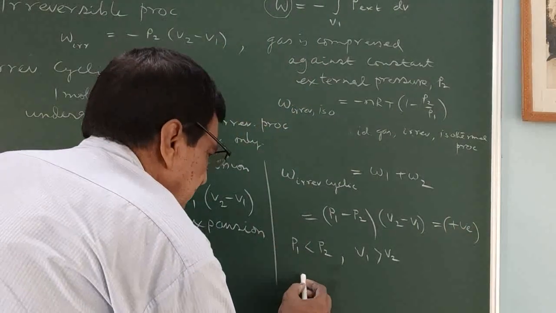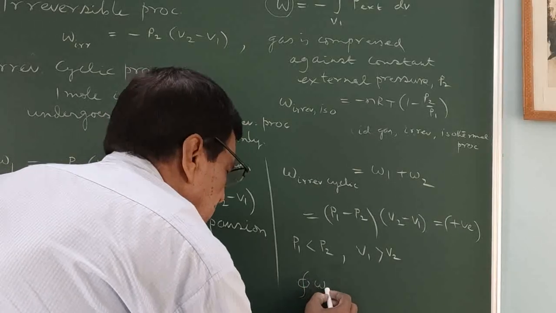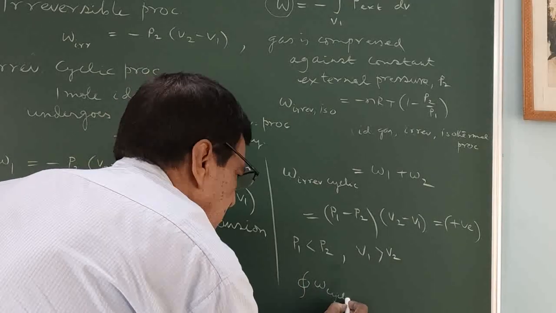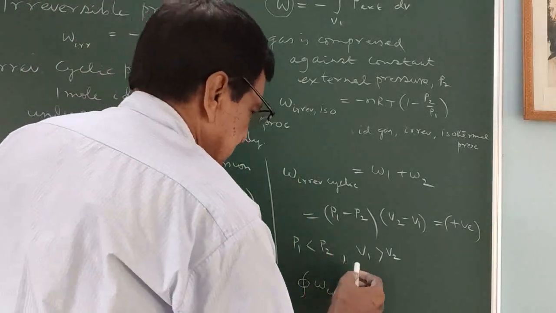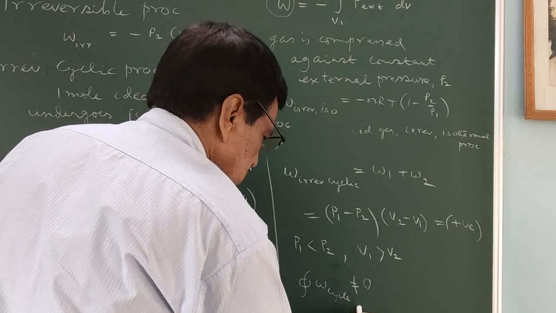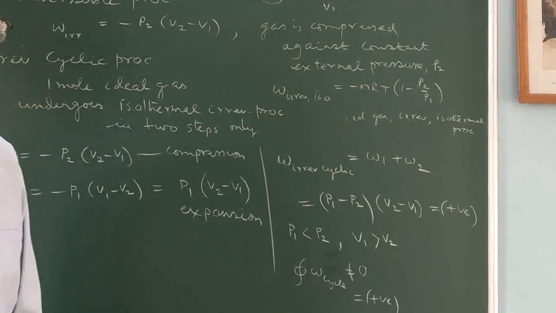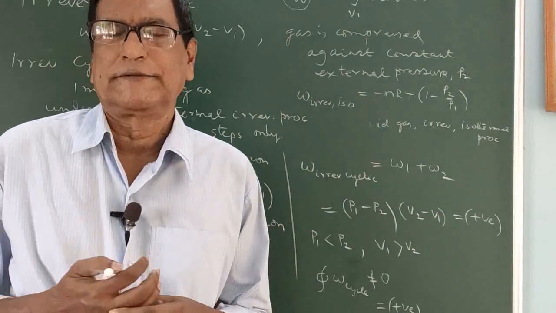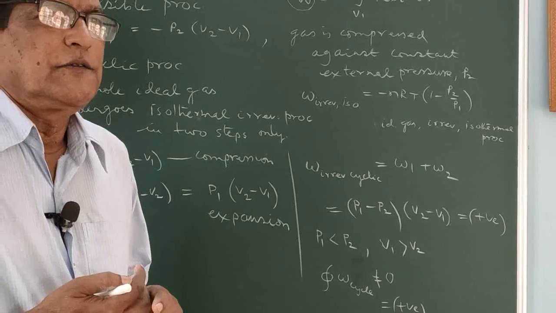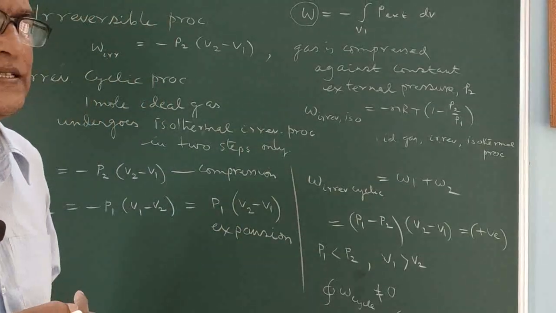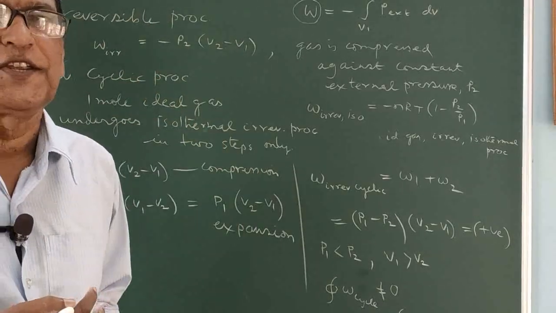It is very peculiar to say that W in the cycle for this irreversible cyclic process is not equal to 0 and this one is positive. What does it mean? It means an amount of work is required for this irreversible process to bring back the system to its initial state.